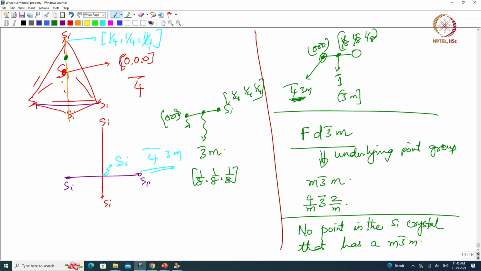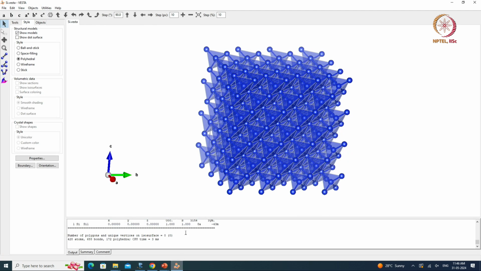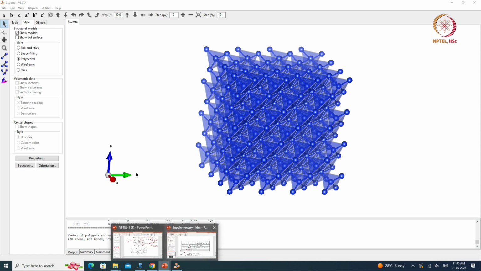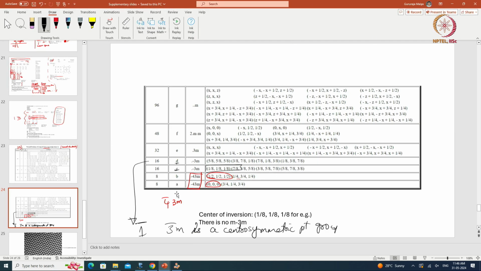The underlying point group is m 3 bar m, but I cannot find any single point in the silicon structure that has m 3 bar m symmetry, so none of these points. I can see that easily from the tables itself. The highest symmetry is just 4 bar 3 m. There is no m 3 bar m. m 3 bar m is even higher symmetry than 4 bar 3 m, as we have seen earlier. m 3 bar m is the holohedral point group of the cubic system.